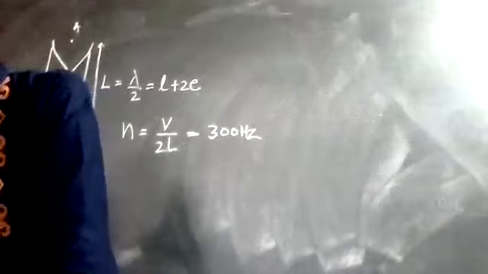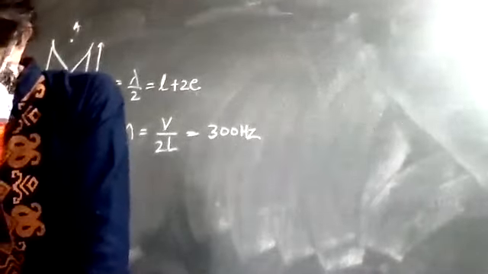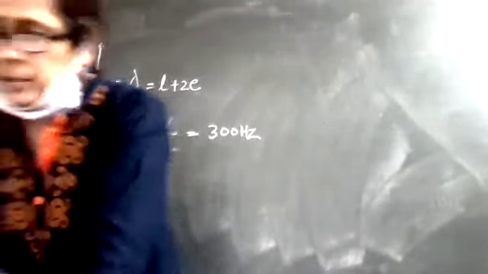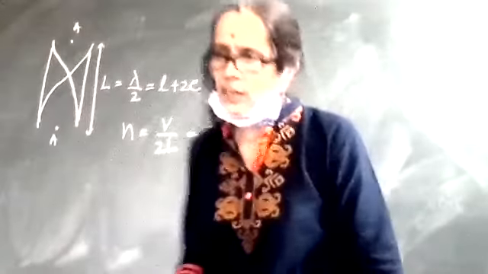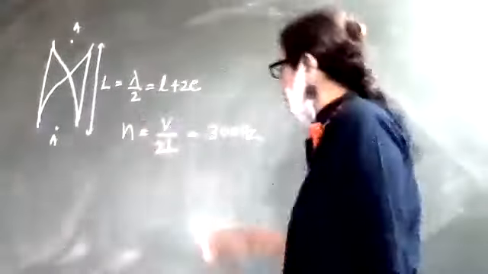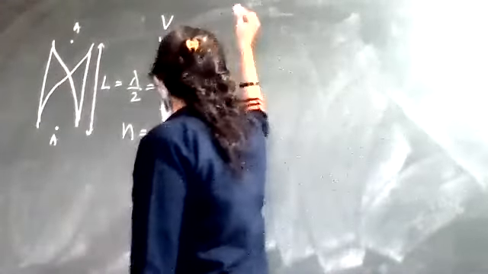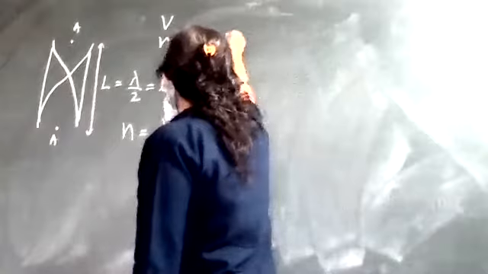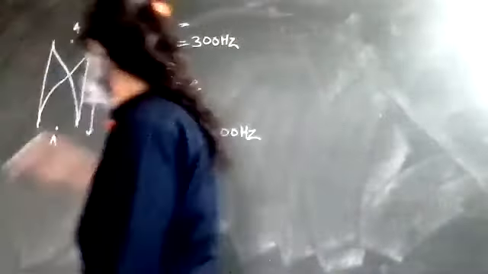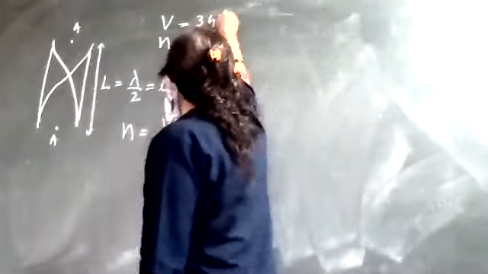Now you have to find the length of that particular tube. For that purpose, I am given the frequency, the fundamental frequency of 300 Hz, and the speed of sound, which is 340 meters per second.